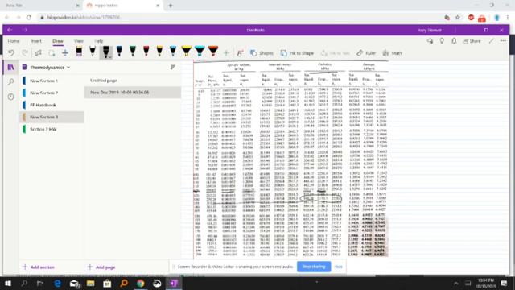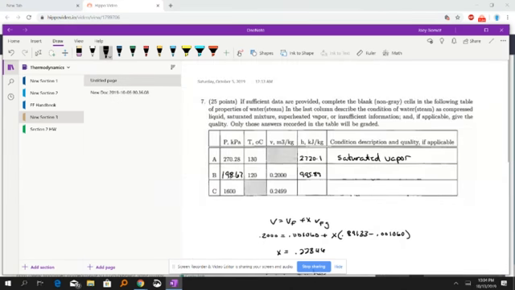The 995.89 falls within this area, the hfg region, so it's going to fall between these two values. So this is going to be considered your saturated mixture.